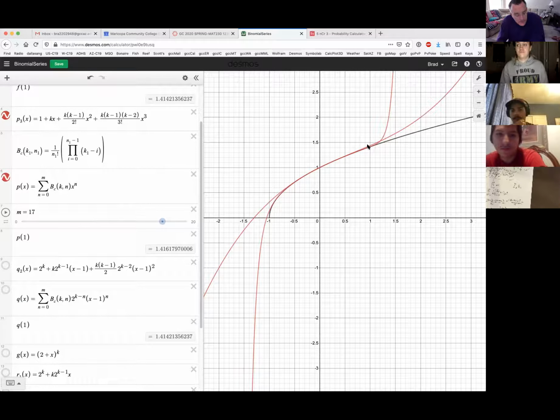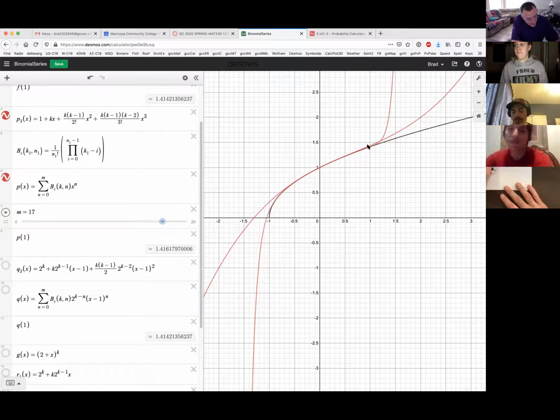So what do we do? You guys should know that. Now I need one centered at a equals 1. So here's my function. F of x equals 1 plus x to the k power.